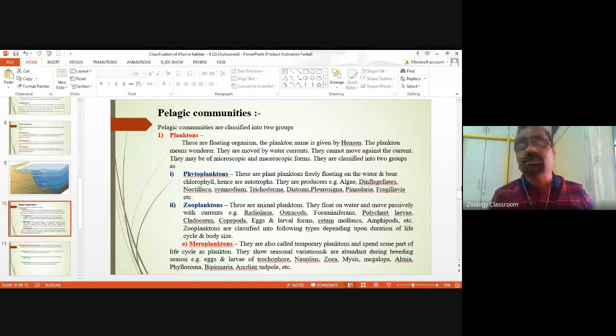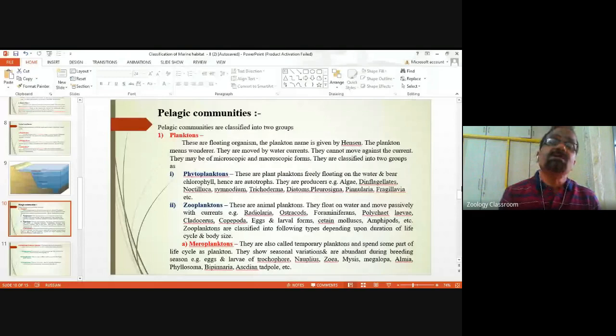You are quite familiar with this word planktons, and these planktons are the floating organisms. They were given the name by the ancients. The literal meaning, the Greek meaning of the word plankton is wanderers, because they wander from one place to another and are moved along with the water currents.